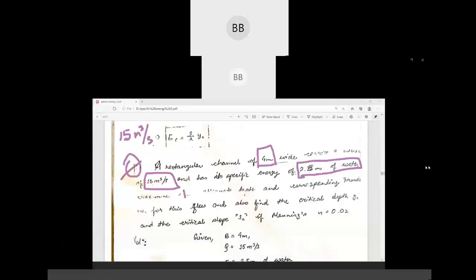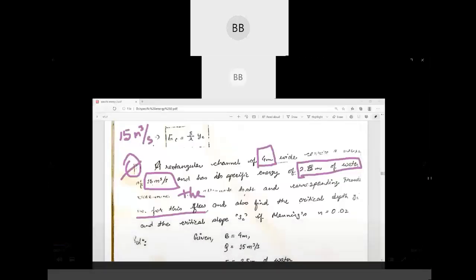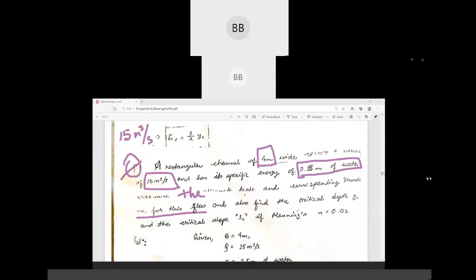Determine the alternate depth and corresponding Froude number for this flow, and also find the critical depth and the critical slope if Manning's n is given 0.02.